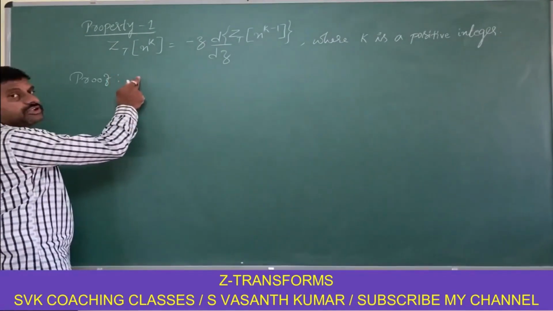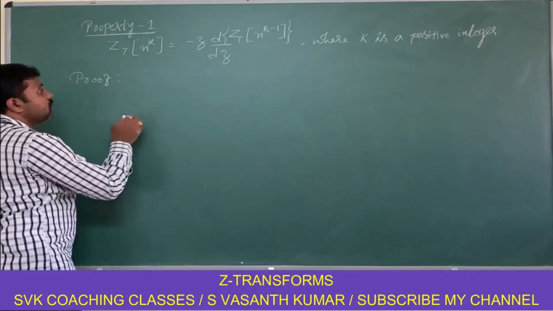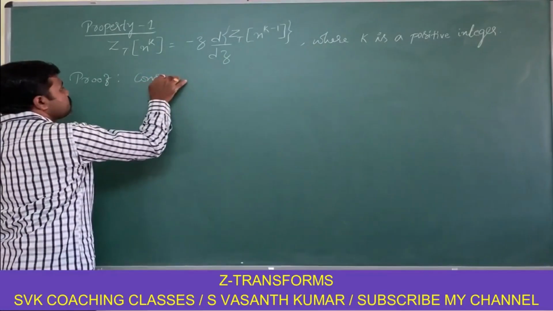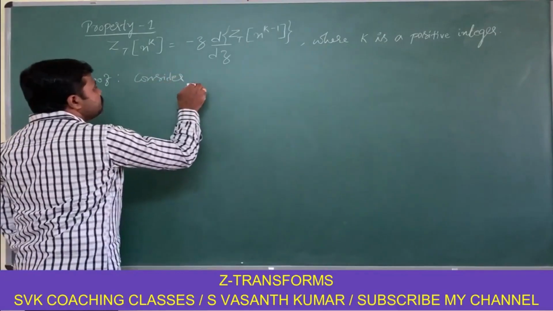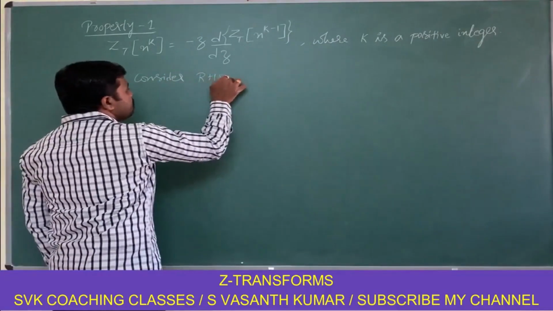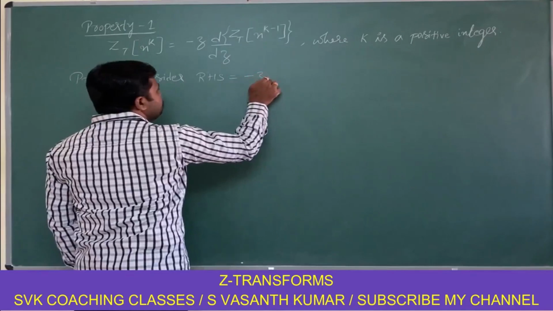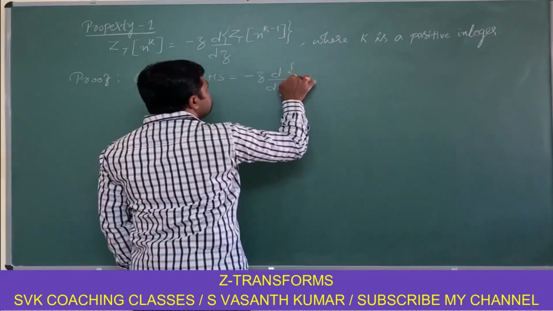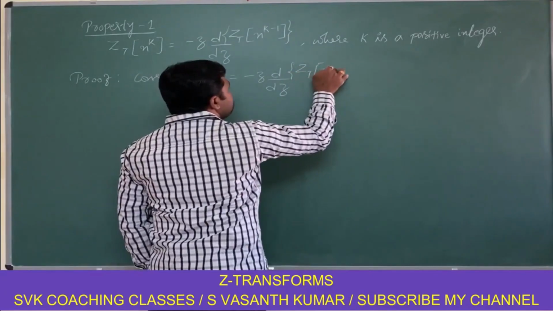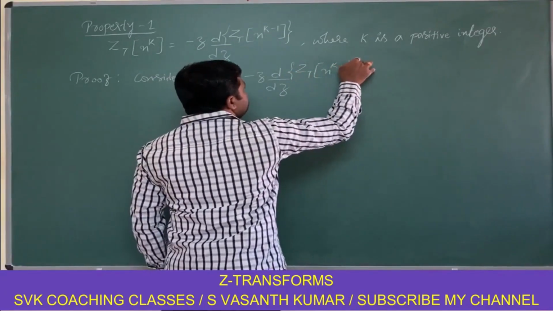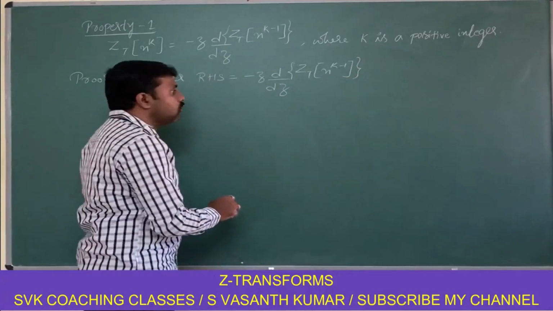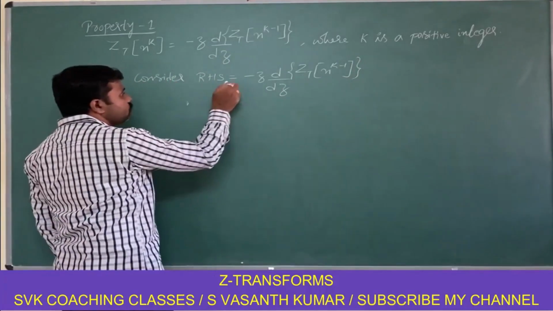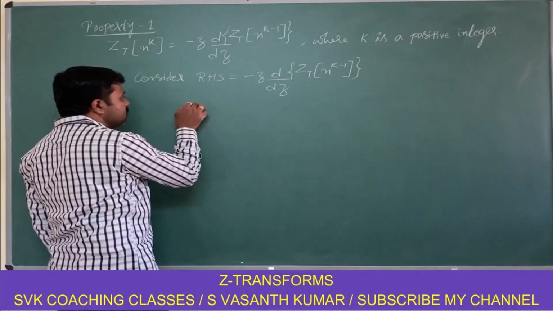Now we shall see the proof of this property. Consider the RHS of this property. What is the RHS here? Minus z into d by dz of Zt of n power k minus 1. To prove this, use the definition of Z transformation.